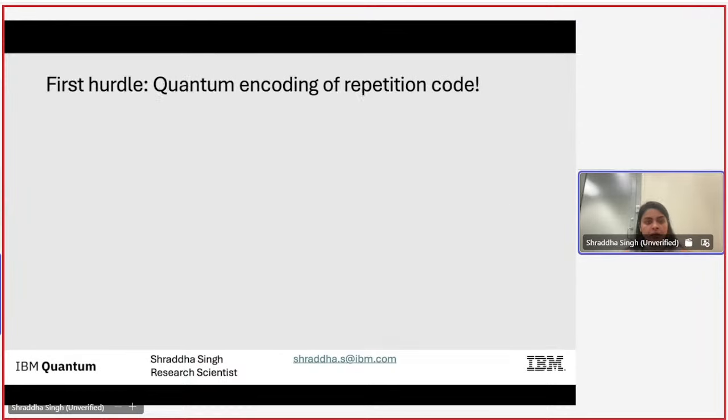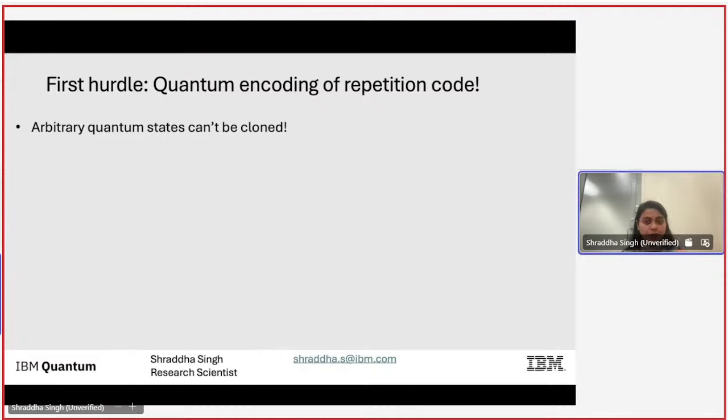Okay. Now, this is something that can be done with classical bits easily, but with quantum bits, there are some issues to achieve this sort of error correction via redundancy. The very first problem is arbitrary quantum states cannot be cloned. So if you have a state psi, it can't be cloned into a 3-bit state psi with a unitary operation.